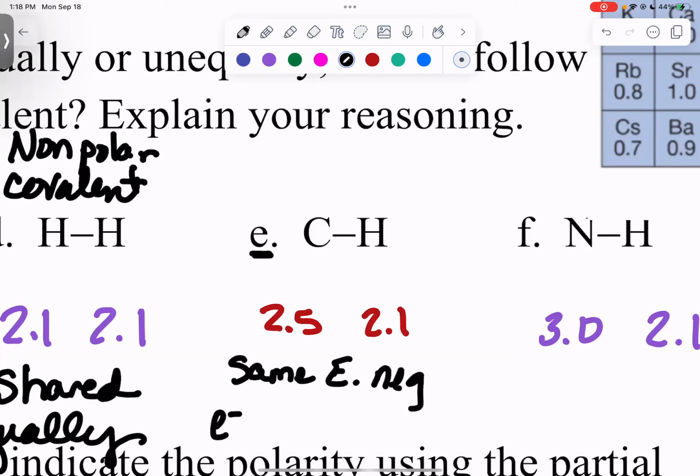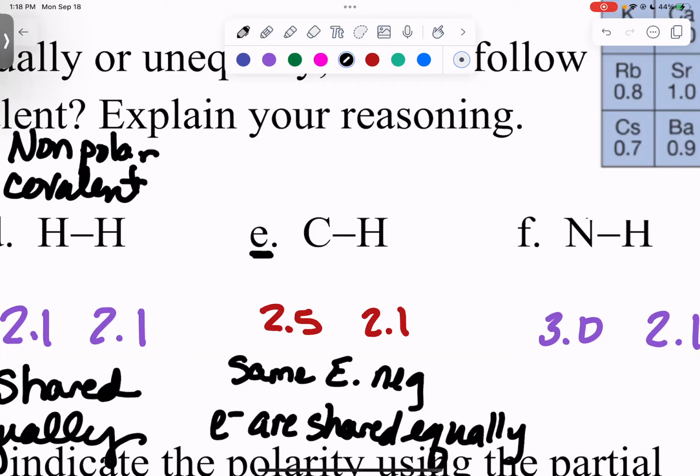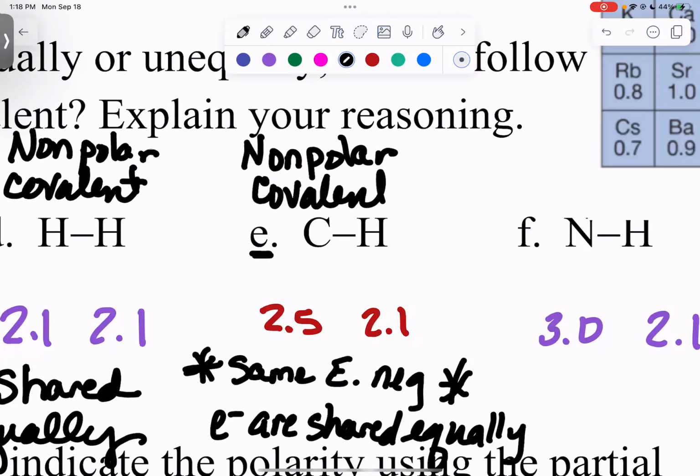And so we say the electrons are shared equally. But that is only for carbon and hydrogen. That is the only time you will have two atoms that are not the same atom where we say that the electrons are shared equally. So if we say the electrons are shared equally, it is non-polar covalent. And we'll see why that's really important later.